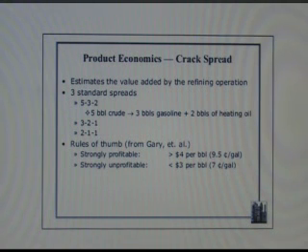The rule of thumb, according to this source: the refinery is strongly profitable if it makes more than $4 per barrel. In other words, if you take this number plus this minus this, if it's more than 4, then they are doing good. If it's less than 3, they are losing money.